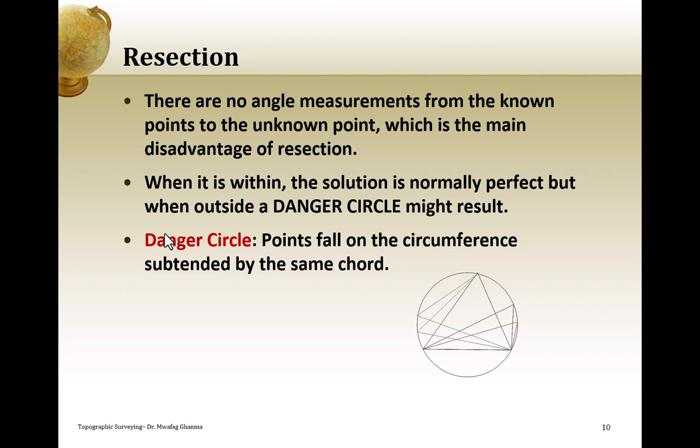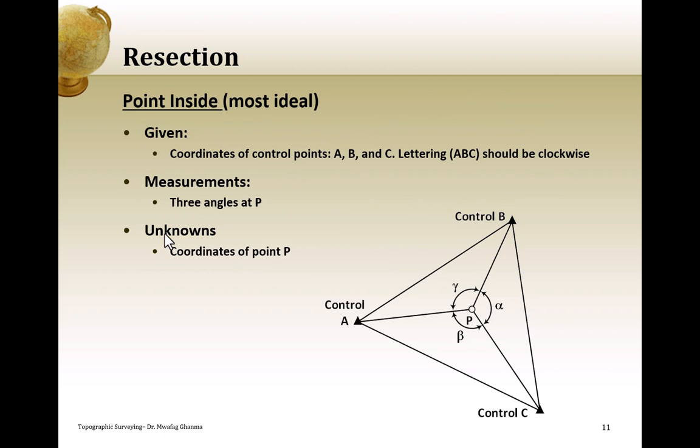It is when all the points fall on the circumference of a circle and are subtended by the same chord. This is a rare position, but it can happen, and then we will not be able to find a solution to the problem.